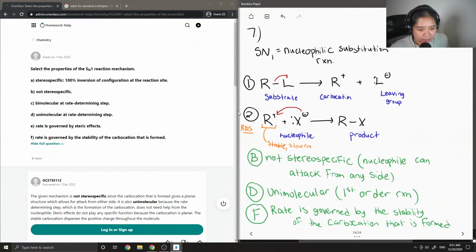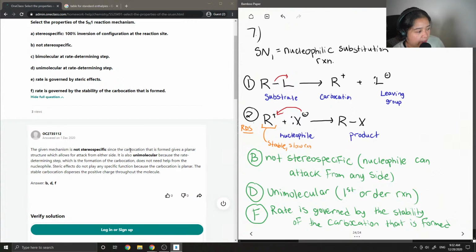So that reaction that forms our product would be slower. But if the carbocation was unstable, then the reaction would take place faster and make us more product. So typically the carbocation is most of the time stable, unless it was more stable with like another group attached to it.